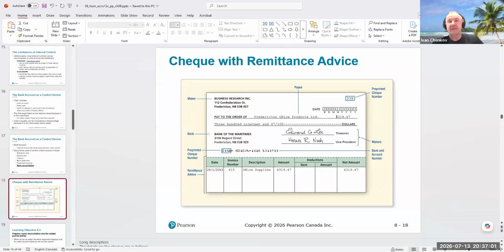How many of you have never seen a check? Is there anyone who has never seen a check? Is there anyone who has never written a check?